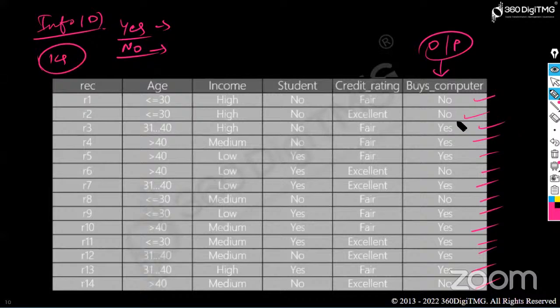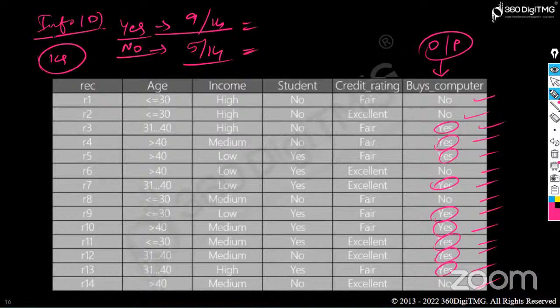Okay. How many yes are there? 1, 2, 3, 4, 5, 6, 7, 8, 9. Out of 14, you have 9. Remaining is 5, and it will be no. So this will be the probability of yes and probability of no. When you combine this, you will be getting the information of the overall data set.